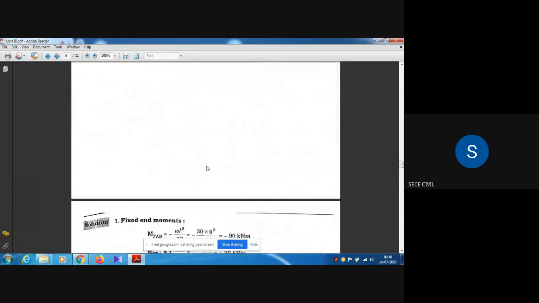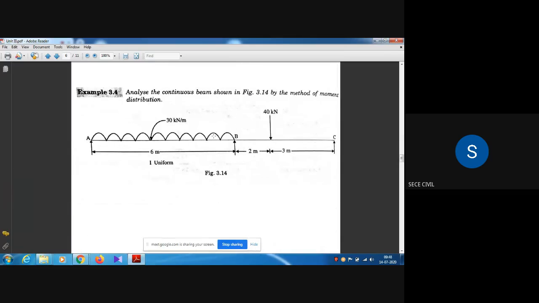This problem we'll see. So the question is: analyze the continuous beam shown in the figure by the method of moment distribution. We are analyzing this continuous beam by using the moment distribution method. So what is the result?